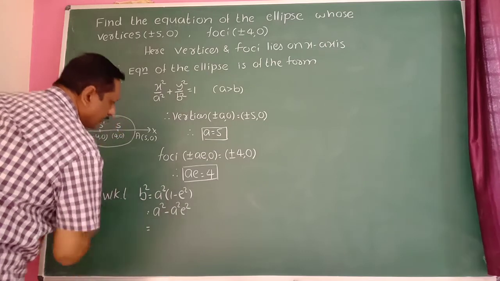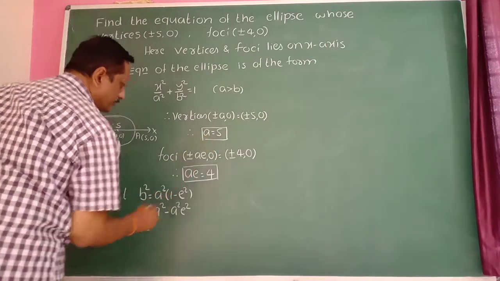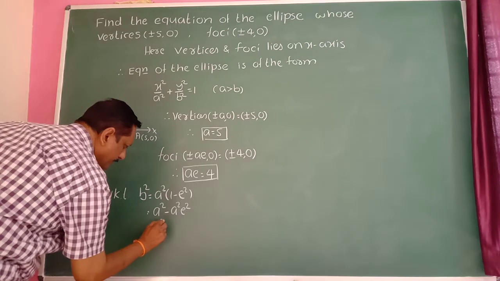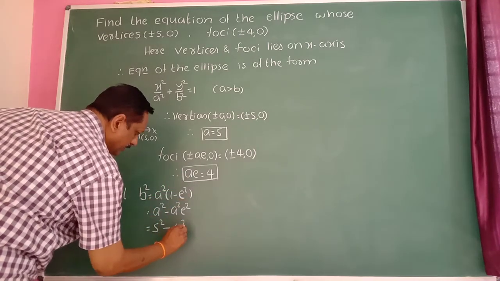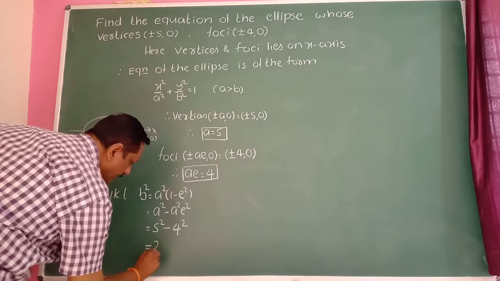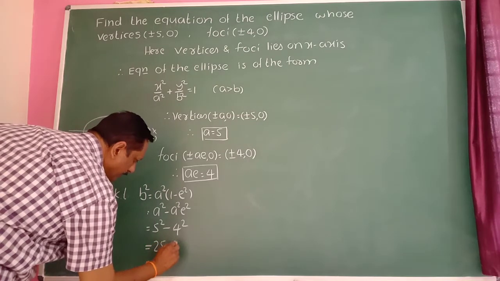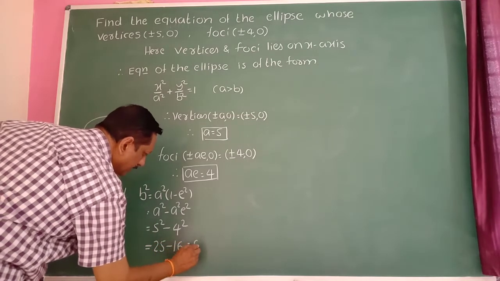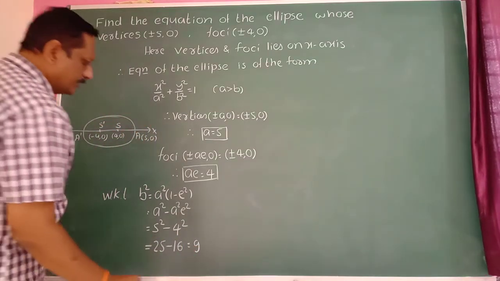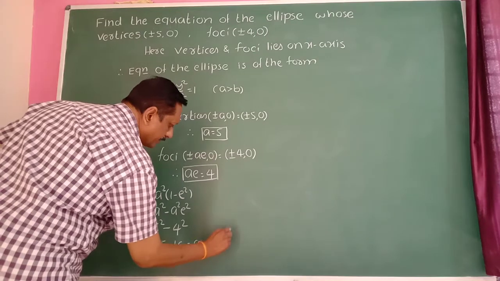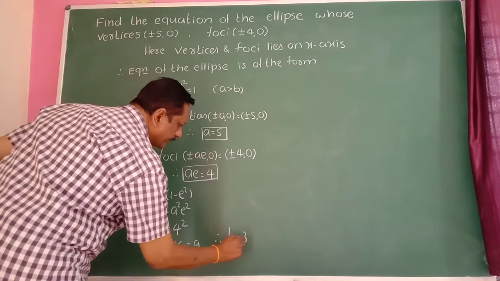Then a value is 5, so it is 5 square here. And a into e is 4, so it is 4 square. Then 5 square is 25 and 4 square is 16 here. That is equal to 9. B square is equal to 9 here. Therefore, b value is 3 here. B is equal to 3.